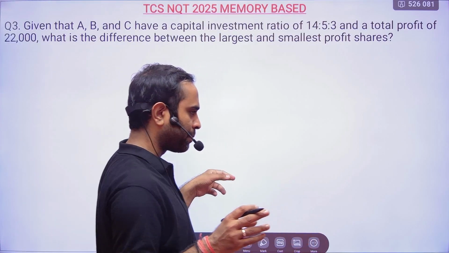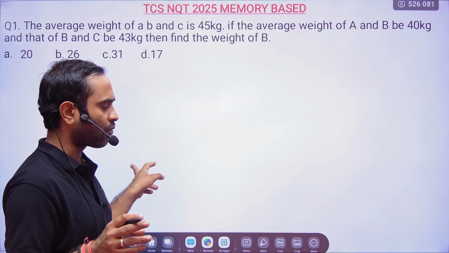Now friends, before I solve these questions, I just wanted to tell you how I got to know about them. The students who have written the examination will not be able to remember the exact data, so they have told the type of question. For example, a speed, boats and stream question, where the upstream speed and downstream speed are given, and we had to find the distance. Then average age of 3 is given and we had to find the average of 1.